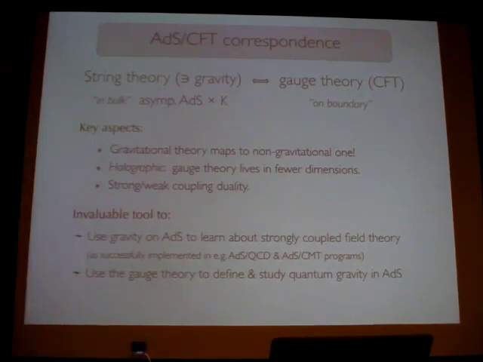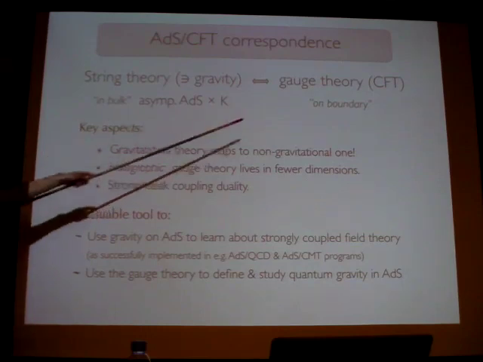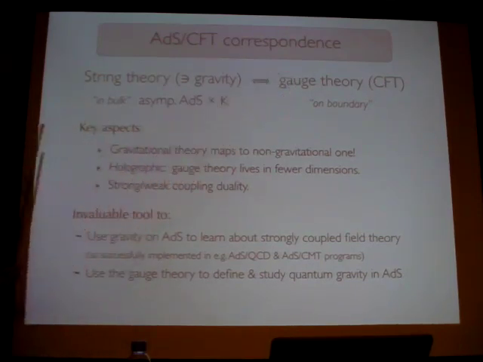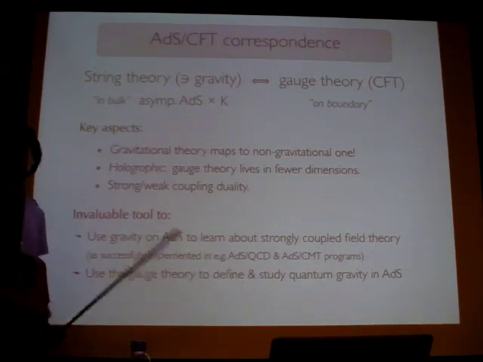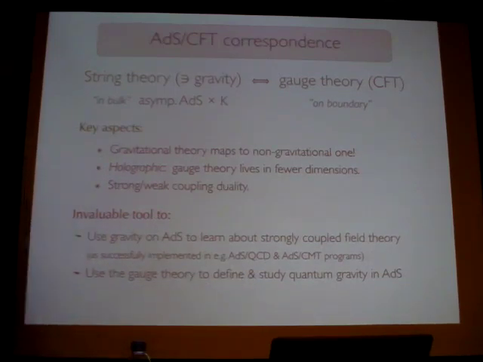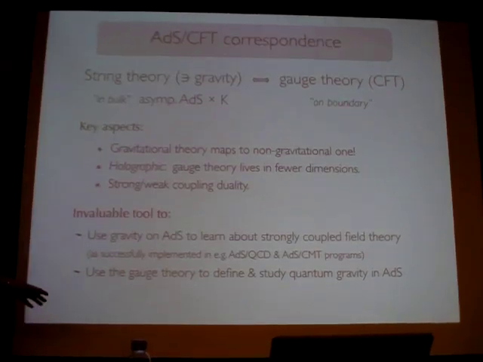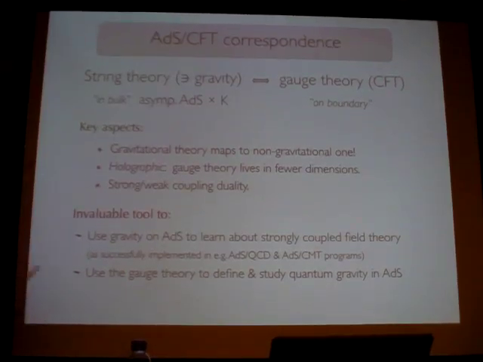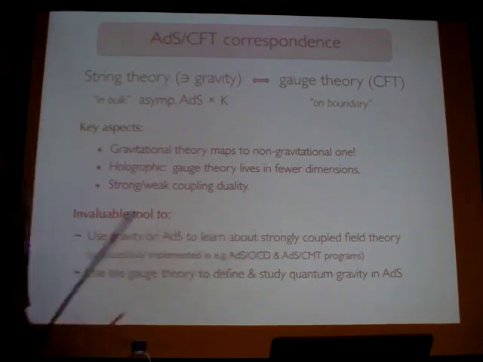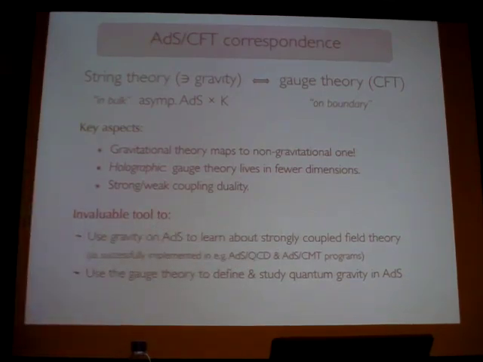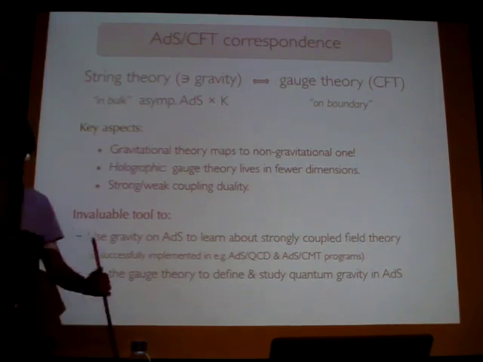And in fact, that's where most of the success and applications have been coming from. But one can also go the other way. One can use the gauge theory to define and study quantum gravity in AdS. It's fair to say that progress in that direction has been less spectacular than in the other direction, but I think we're on the brink of really starting to find that.